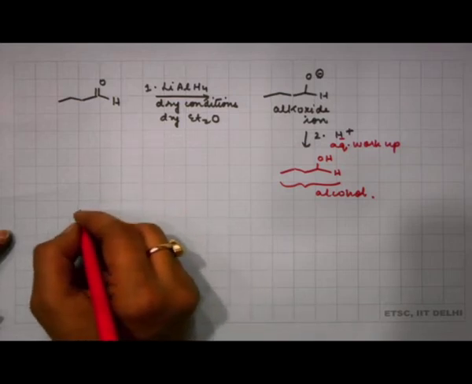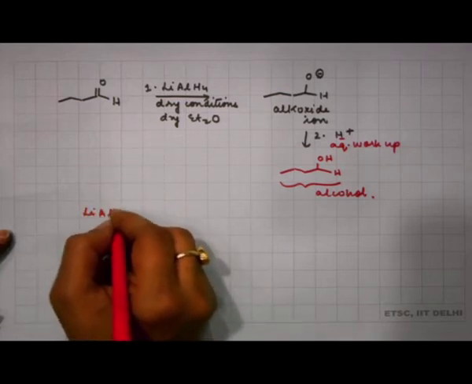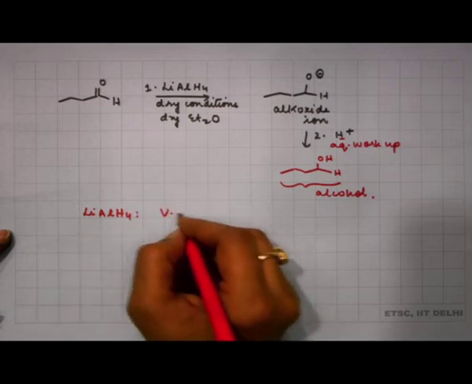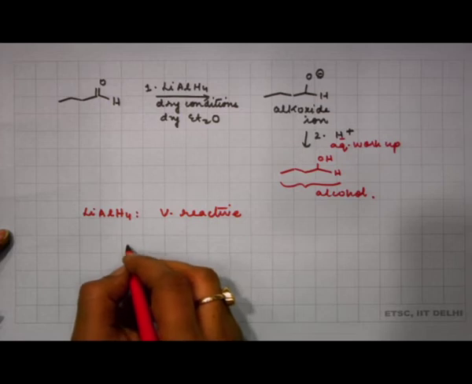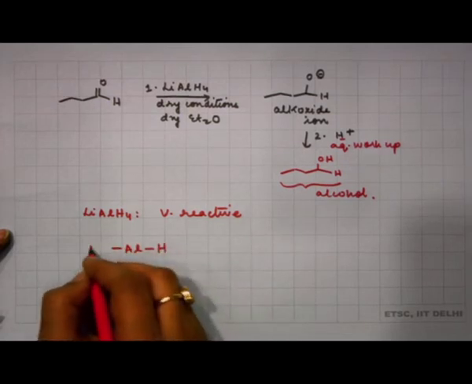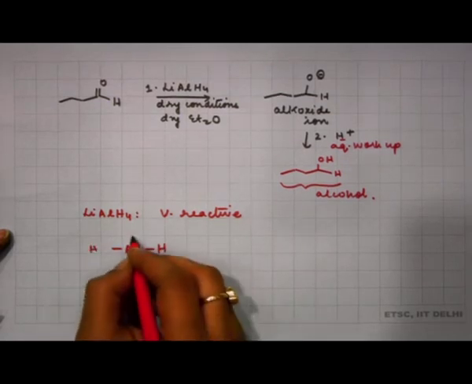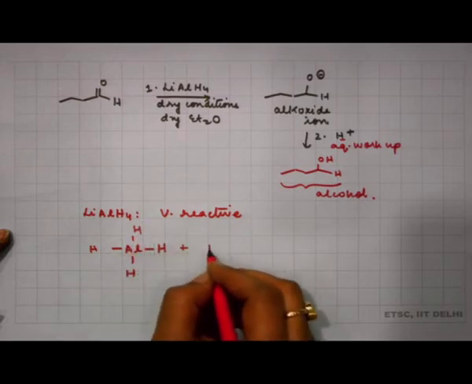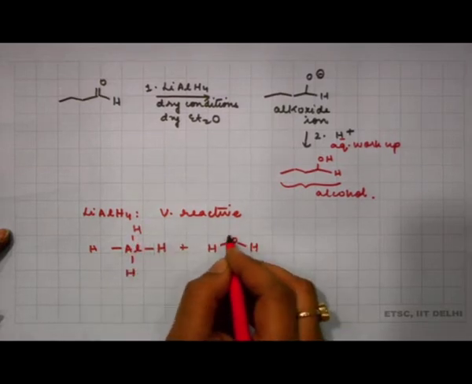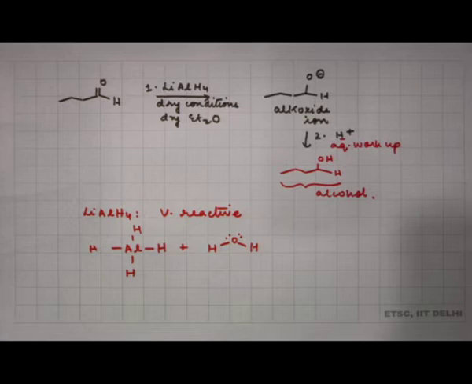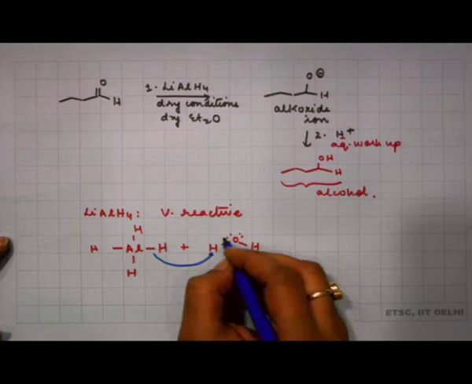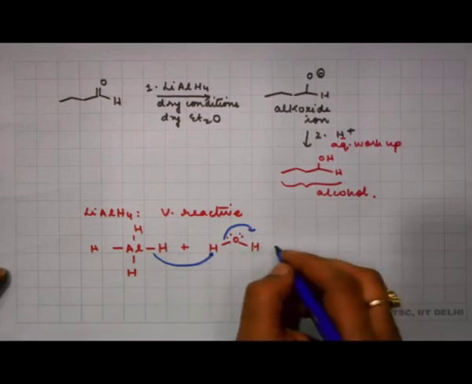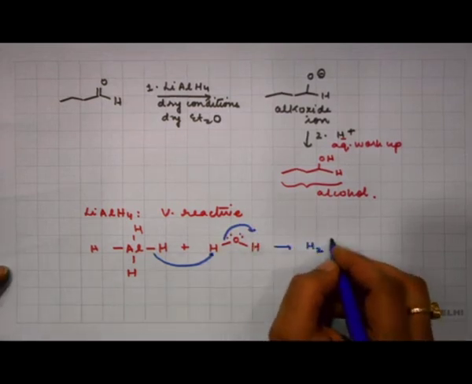Subsequently it is added because lithium aluminium hydride, as we just saw, is a very reactive compound. If you look at the structure, the lithium aluminium hydride is quite reactive, and if it finds water in the vicinity, it is going to just pick this up and give you hydrogen gas.